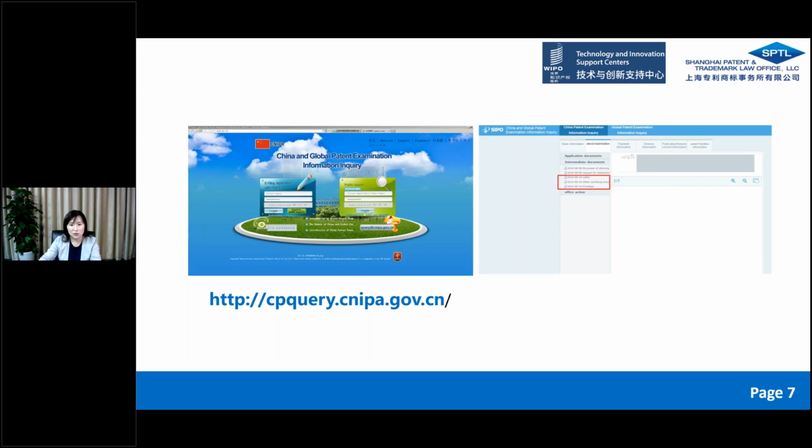From this system, if you find an unknown intermediate document, this document will probably be a third-party observation submitted by others. So from this website, you can check if your case is challenged by others. And on the other hand, you can also check if the observation you submitted was safely received by the CNIPA.